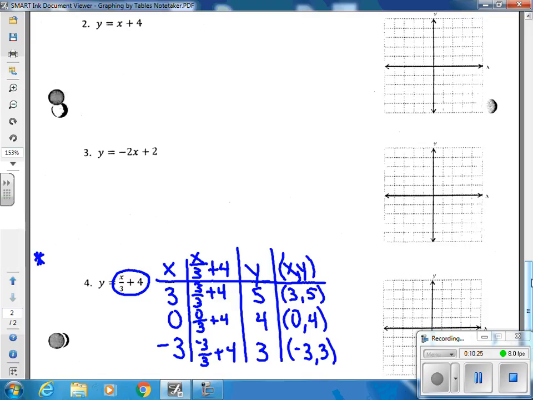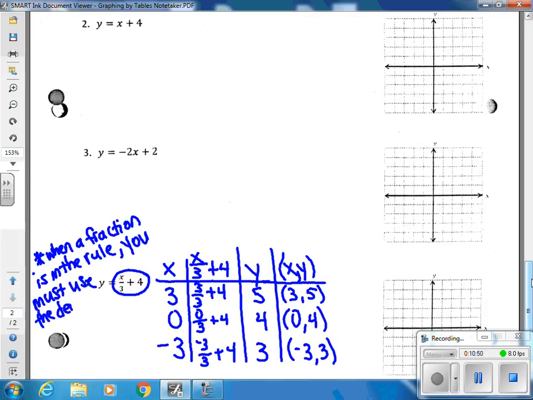All right, so before we hit the graph paper over on the right-hand side, let's make a little note for ourselves. We want to say: when a fraction is in the rule, you must use the denominators, or the denominator, there's only one of them, as your x values.